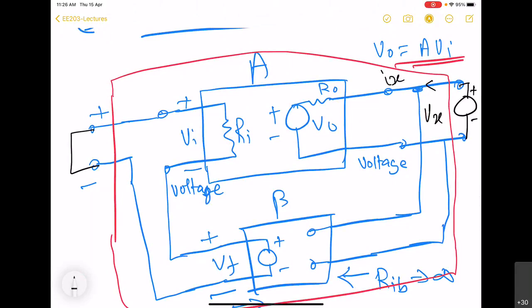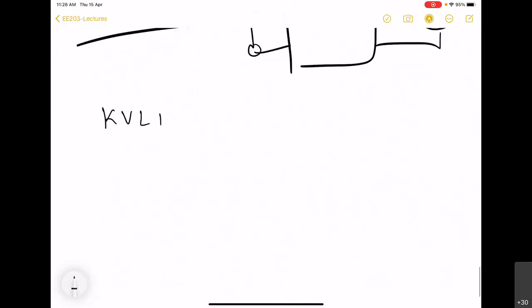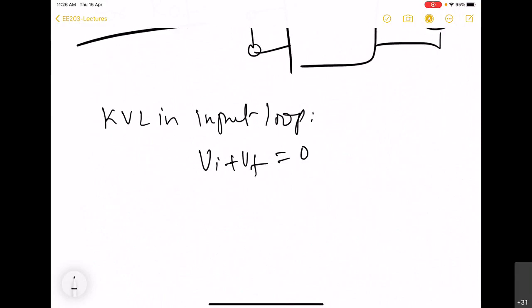Okay, so what we do is first we apply KVL in the input loop, in this loop. So when we apply KVL in input loop, what we get is Vi plus Vf is equal to 0, because this used to be equal to Vs, and Vs is equal to 0 now.